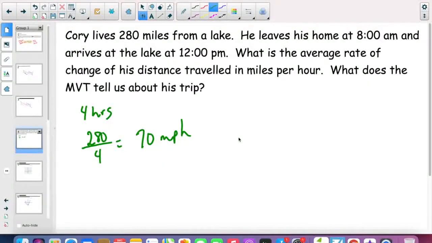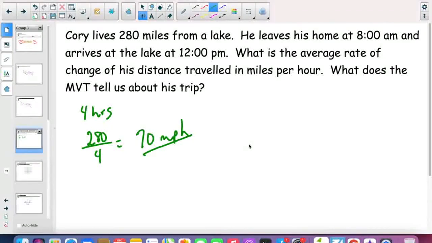And so what the mean value theorem tells us here is that his average rate of change was 70 miles per hour. So somewhere within that trip, he probably went a few miles over 70 miles per hour, and then he may have had to slow down at some portions of the trip and traveled below 70 miles per hour. But the average speed that he traveled within this trip was 70 miles per hour.